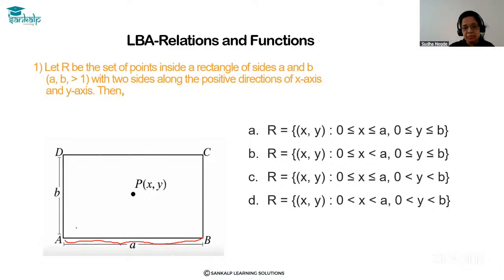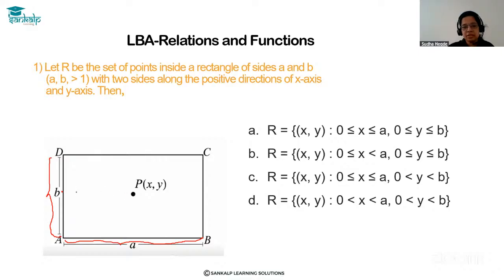Any point in between should be less than a and greater than 0. Similarly, here also, this whole distance is b, so the point here must be greater than 0 and less than b.